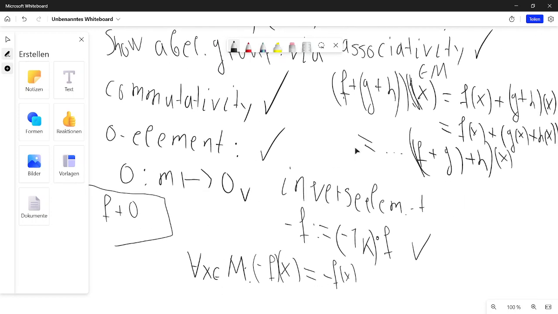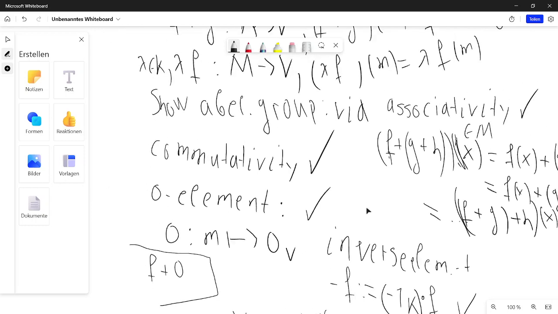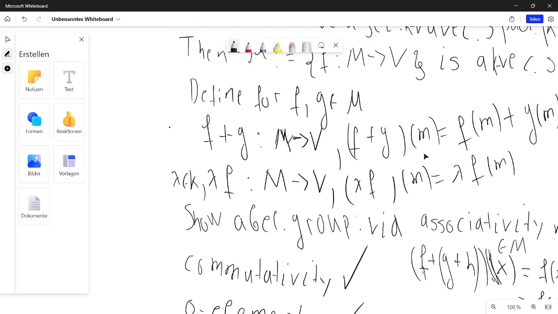What is left now? Associativity, zero element, inverse element, commutativity, closedness. Closedness is obvious because we defined this function to be from M, and we can evaluate it at each point of M, so this is a well-defined group.